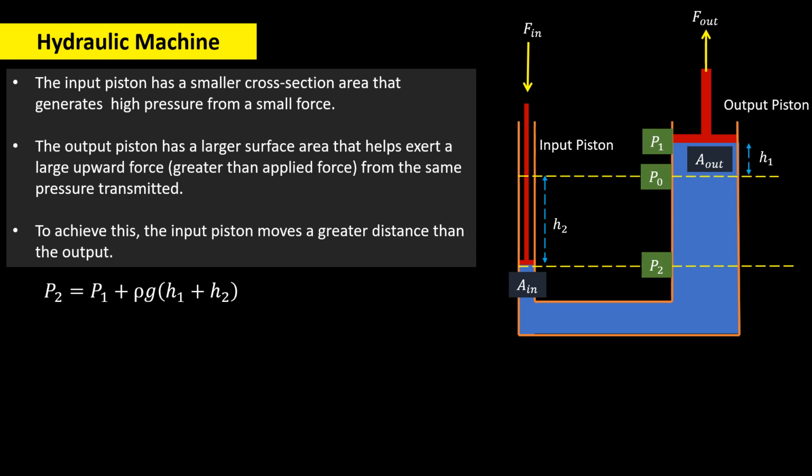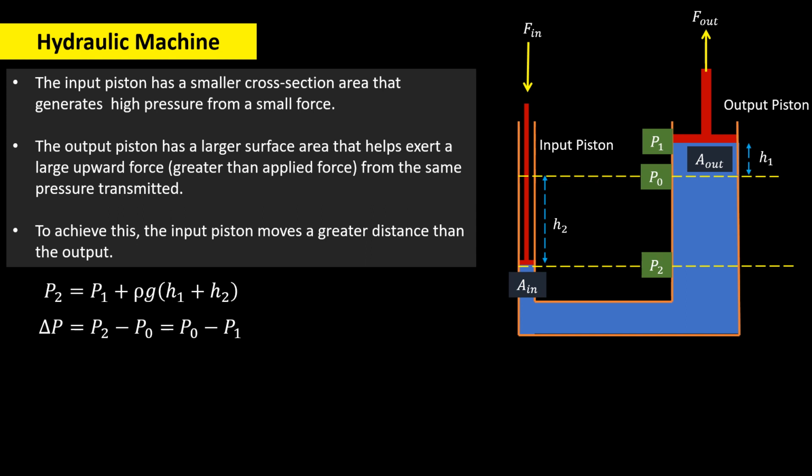So to get P2, we have to take into account P1 plus rho g h, which is rho g, then the sum of H1 and H2. But now, what is the change in pressure which has occurred from the point P0 for the input piston, from the point P0 to the point P2, and for the output piston from P0 to P1?